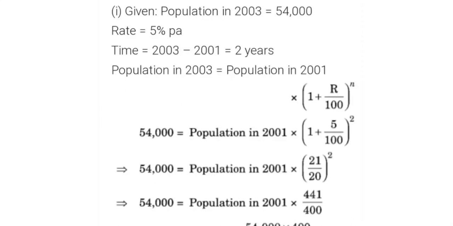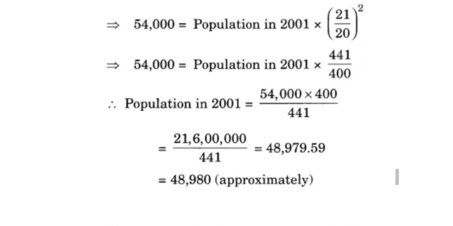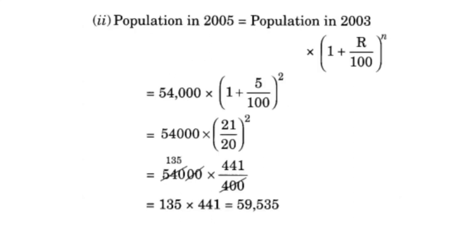So 21 square is 441 and 20 square is 400. So here we have to find population in 2001. Rest thing we will transpose, okay, left hand side. So population in 2001 is equal to 54,000 into 400 upon 441. So after simplification it will come 48,979.59 and the approximate value is 48,980.